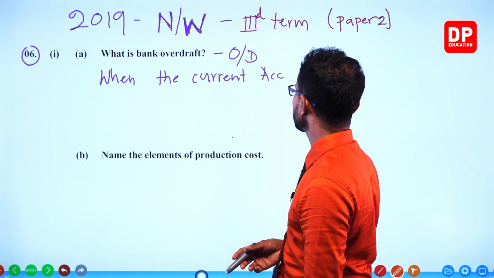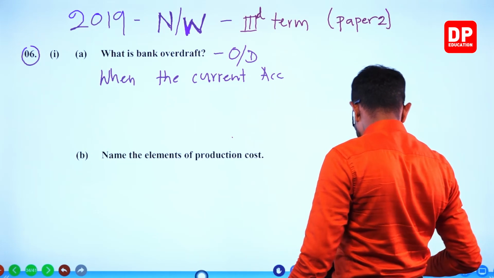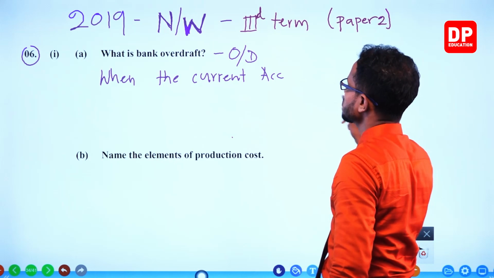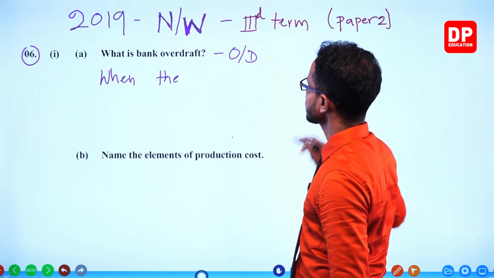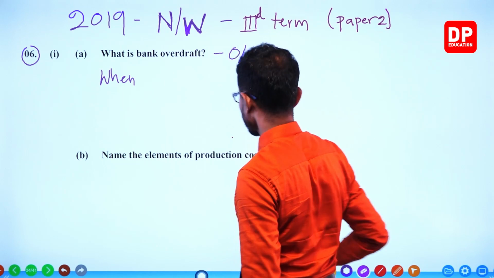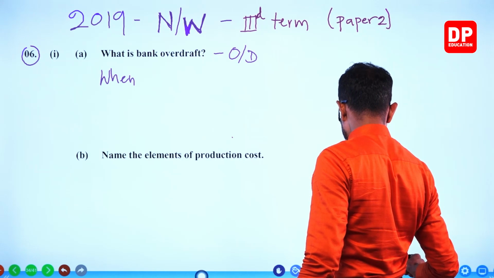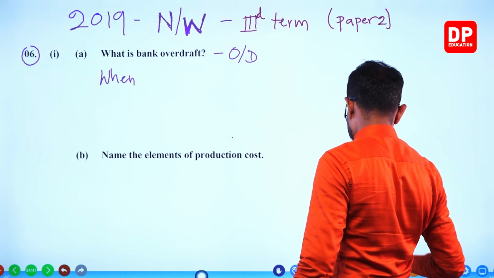When the current account is overdrawn, in other words, you can say it like this. What is a bank overdraft?